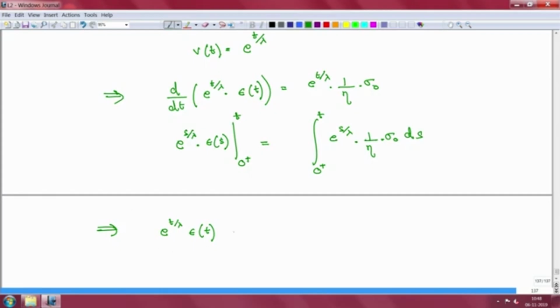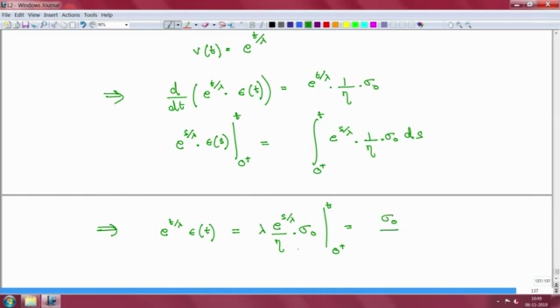So this is the entire left-hand side, and on the right-hand side you will have e to the power s by lambda into lambda by eta sigma naught, which goes from 0 plus to t. This will become 0.